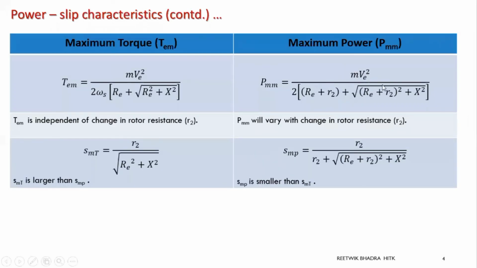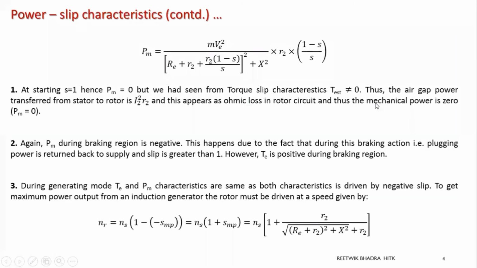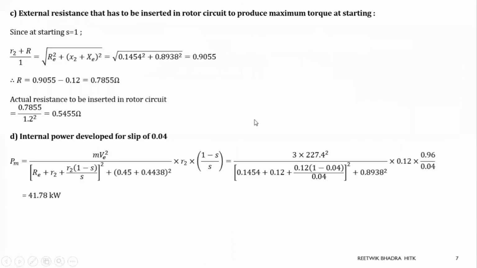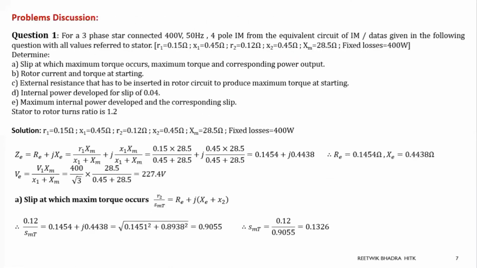So PMM, we'll use this huge formula over here, MV square by twice of this term. So we have used this term MV square by this one, or you can use internal maximum power.